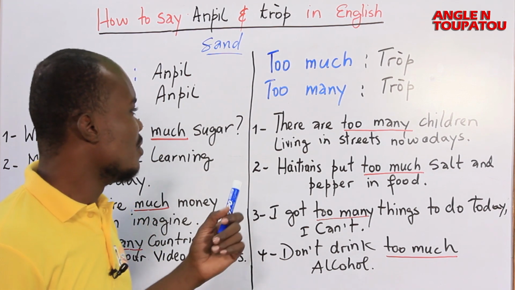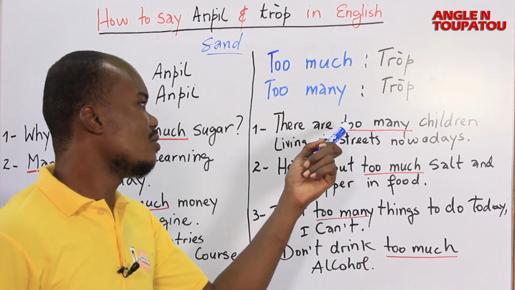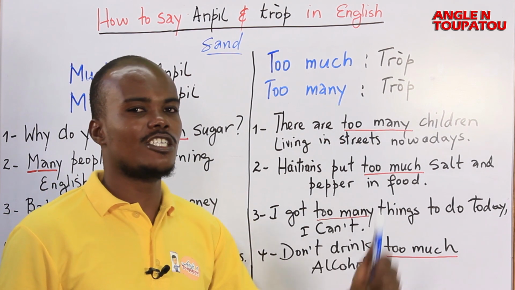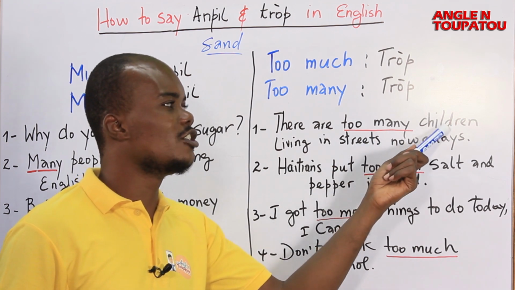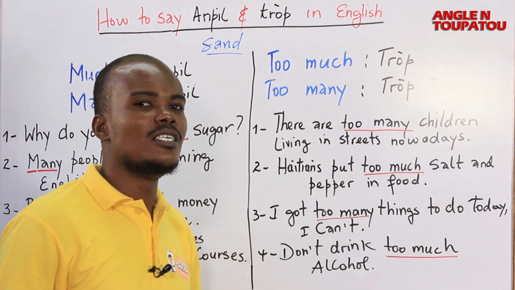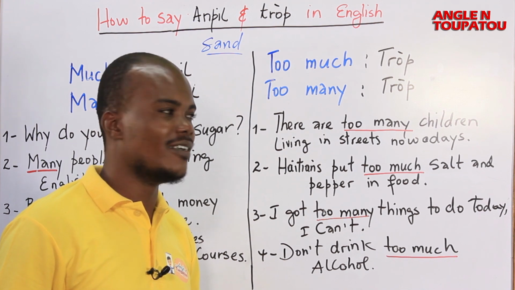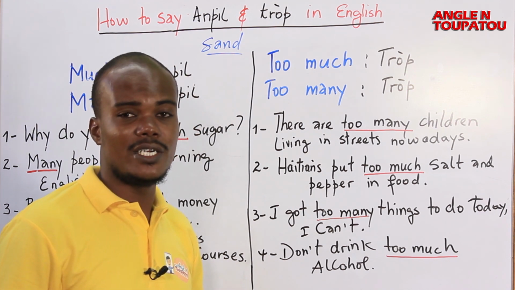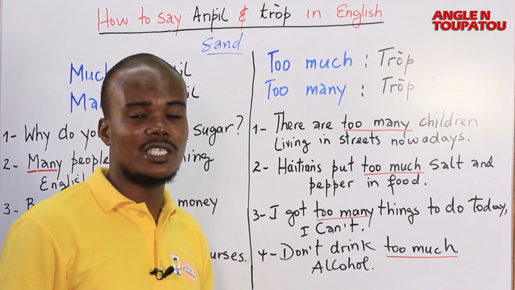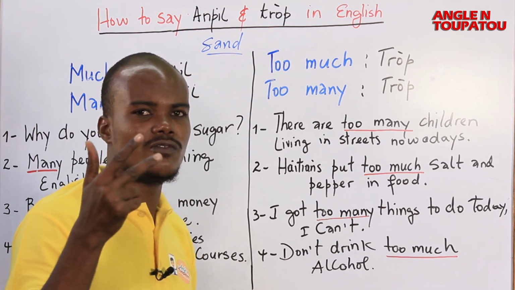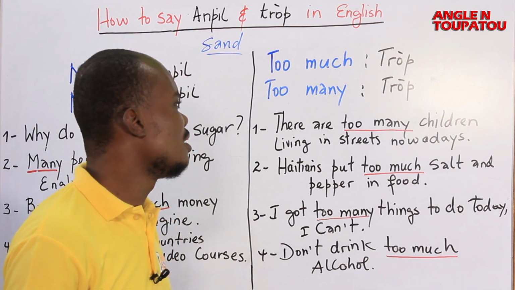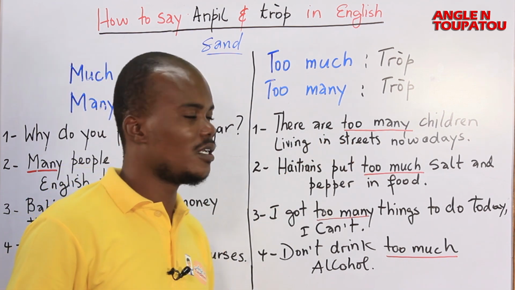Before going to the second example, you can notice I say too many children. Why do I say too many children? It's because children here is a countable noun. I say 1 child, 2 children, 3 children, 4 children. Yes, there are too many children.